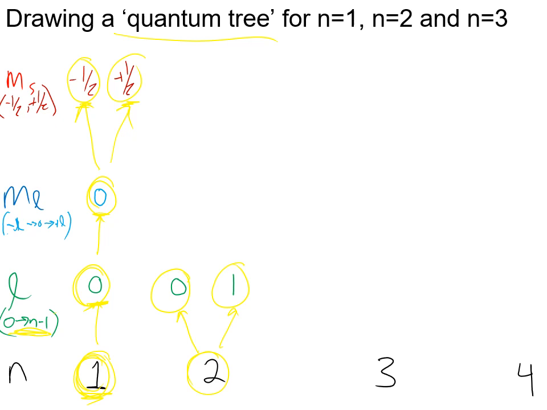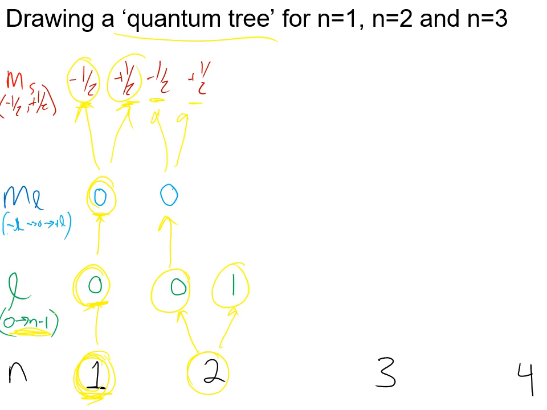The ML values for shape 0, again, are only 0. So this particular shape only has 1 orientation. But this orientation, as with the previous one, also has 2 possible spin numbers, and it could be either -1/2 or +1/2.